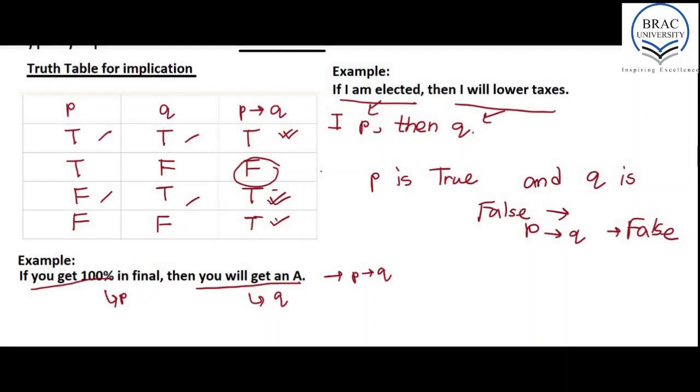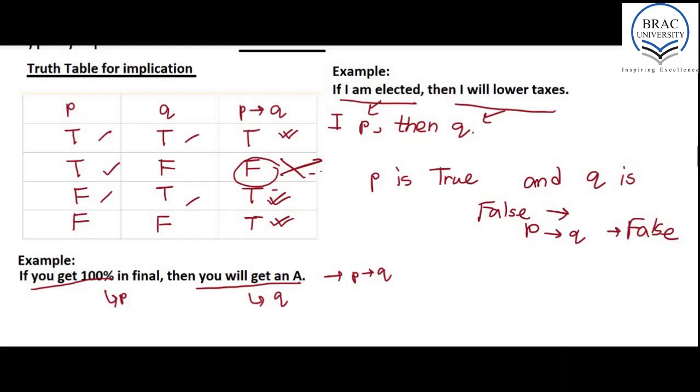But this cannot be expected, as the teacher says that if you get 100% in final, you will get an A. So you will feel cheated that you got 100% in final, but even then you are not getting an A. So in this case you will feel cheated.